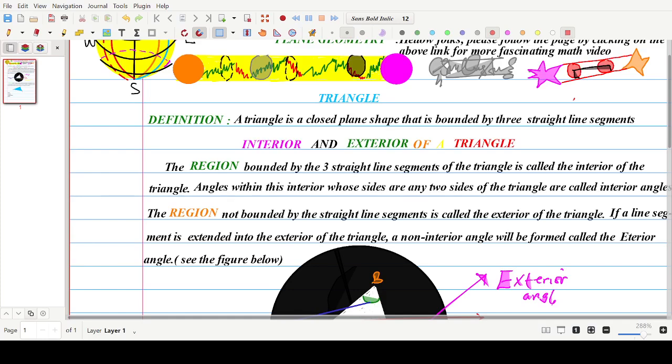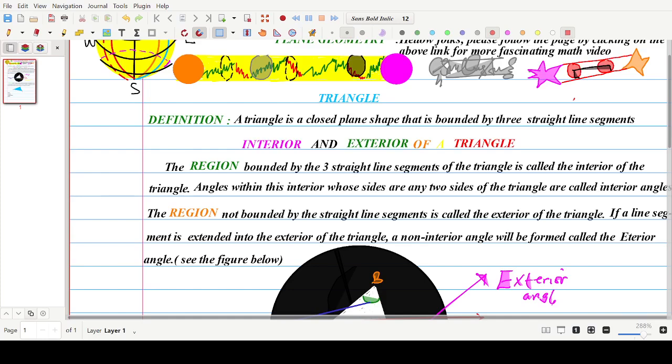Now, if you observe carefully, angles within this interior, whose sides are any two sides of the triangle, are called interior angles. So it is one thing for a triangle to have an interior, and another thing for a triangle to have interior angles. Interior angles are simply the angles within the interior, whose sides are any two sides of the triangle.